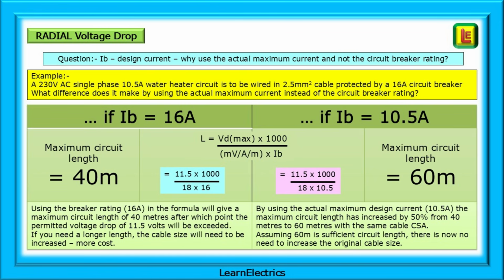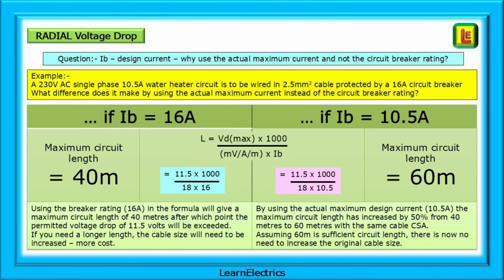Let's look at this. It's the same circuit, the only difference is which value do we use for IB, the design current. The maximum water heater current is 10.5 amps, and since this is greater than 10 amps, the installer has correctly chosen the next rating above, which is 16 amps.